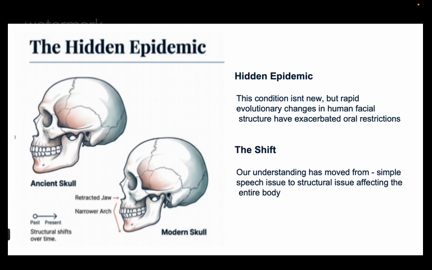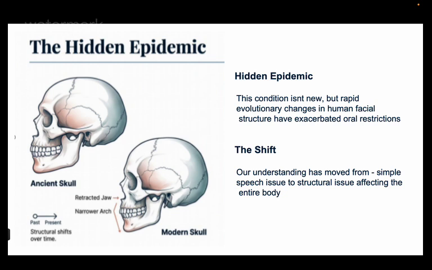What is the reason for ankyloglossia? It is not clearly known, but the hidden epidemic is this condition isn't new, but rapid evolutionary changes in human facial structure have exacerbated oral restrictions.